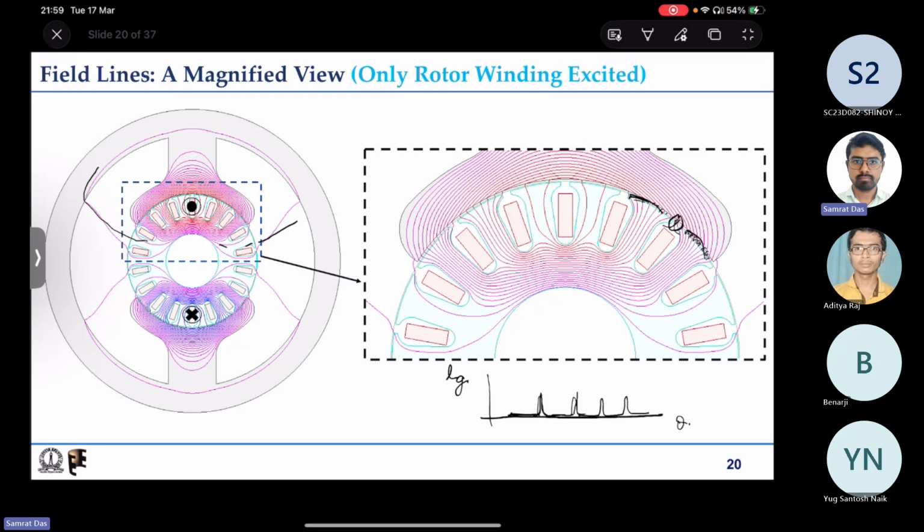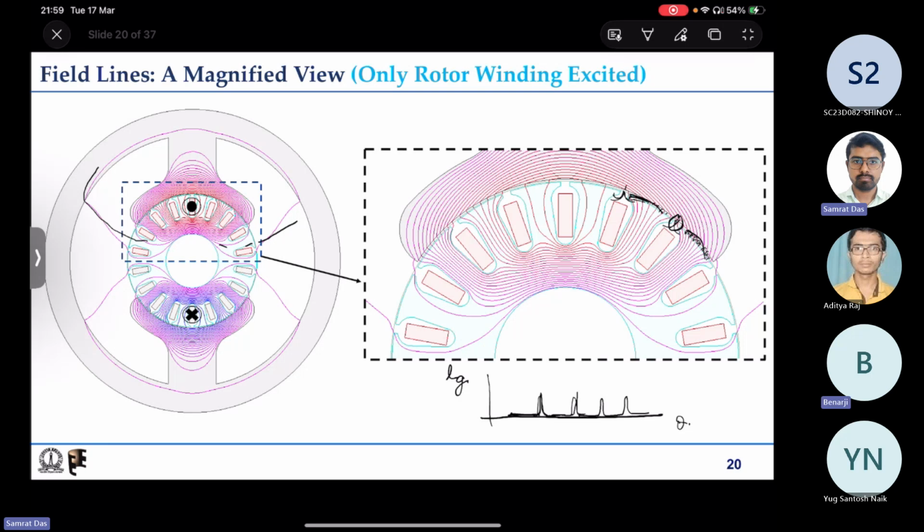It is always relative. I hope you understand. If I have plotted for a certain number of lines and I increase that, then you will start seeing some lines that may flow to the slot and go into the slot walls.